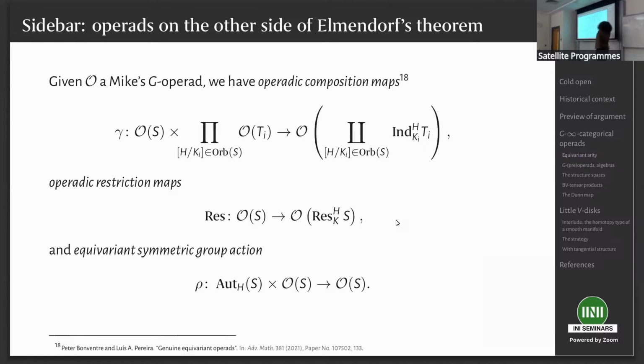And you can in fact get an equivalence between a model structure on Mike's definition and a definition built on this. This is in the paper Genuine Equivariant Operads by Bonventre that I have. And this is kind of where I want to go from this.